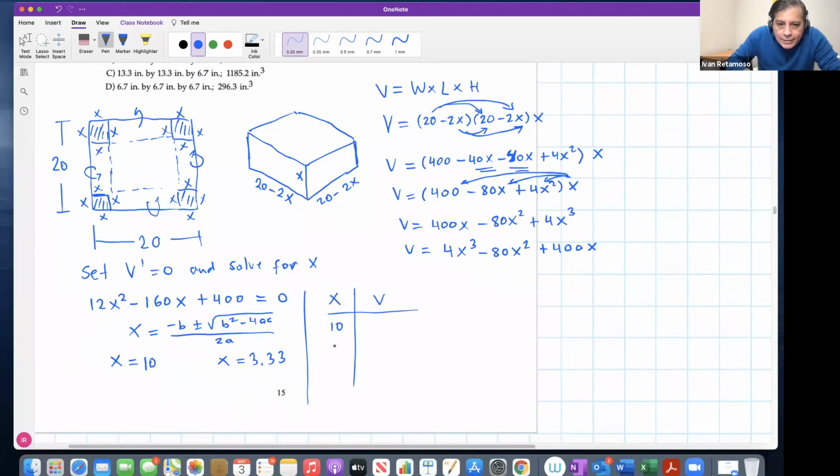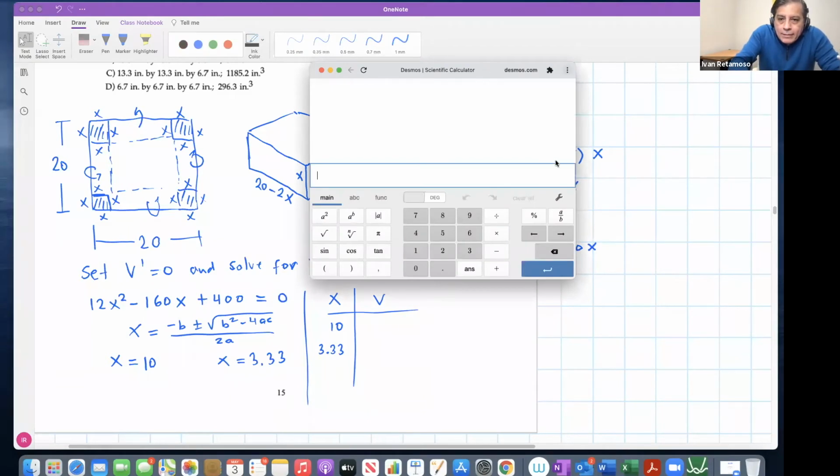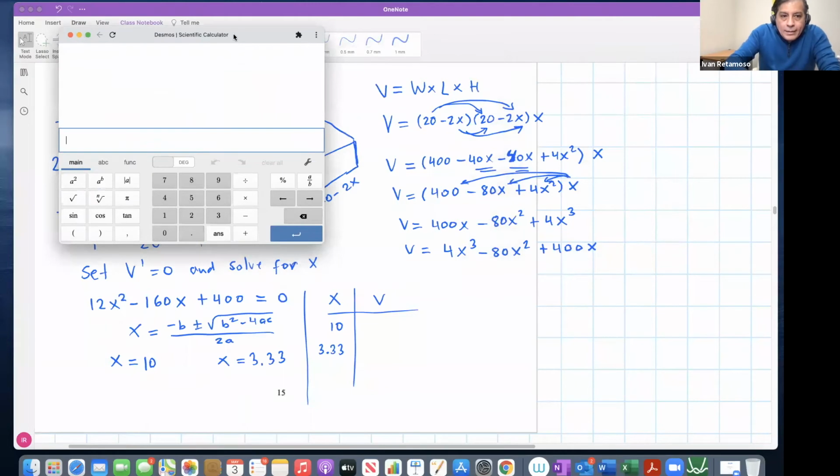You have a candidate 10 here and then 3.33 here. Let's find out what the volume is for each of these. So you go back to your Desmos scientific calculator or any scientific calculator of your choice, and in this volume function, we're going to evaluate both, number 10 first, and then 3.33. We'll see which one makes sense.